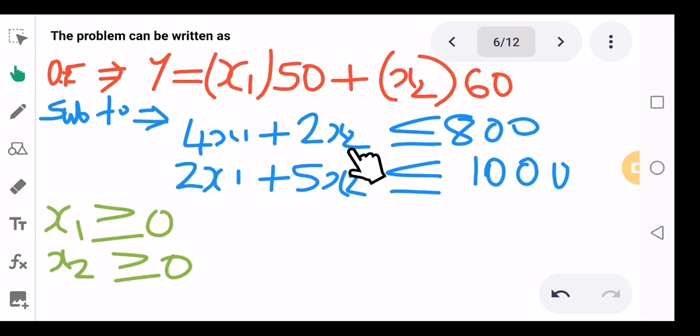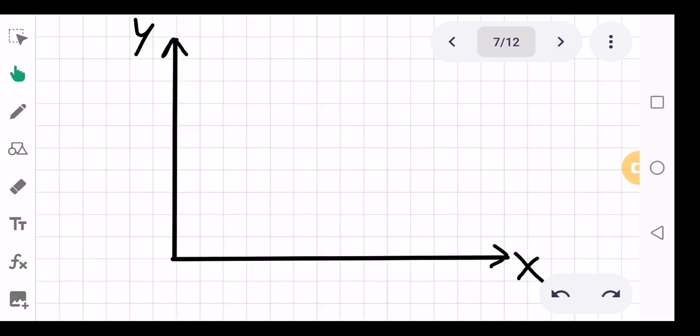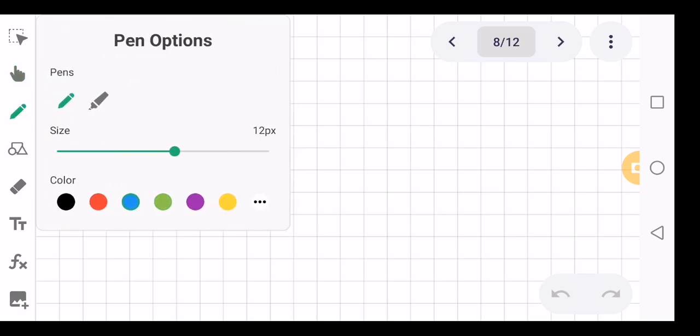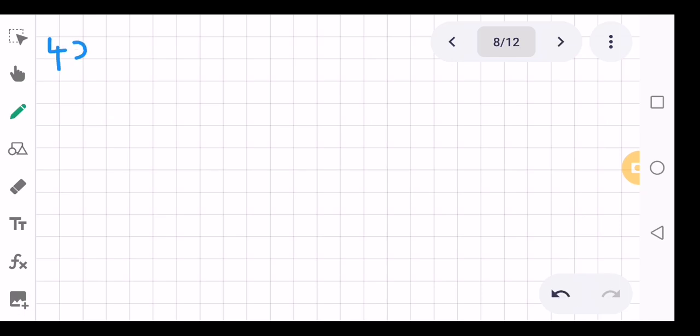First I have to convert it into an equation. Let's take the first equation first, solve it, and then take the second equation and solve it. Please don't get confused about how it came. This constraint is 4x1 plus 2x2 is equal to 800.